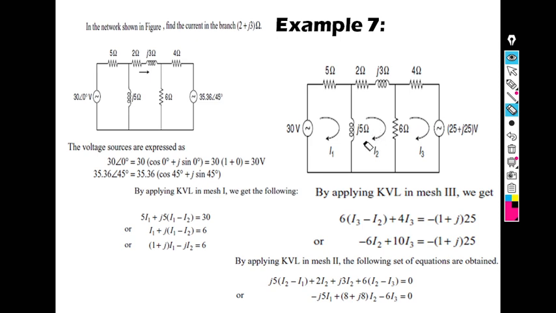Next, I2 is the primary current, I1 is opposing, so J5 (I2 minus I1). Here you can write 2 plus J3, no problem, because current I2 is flowing here through both, so you can write I2 into (2 plus J3).